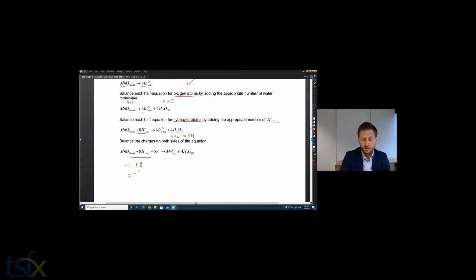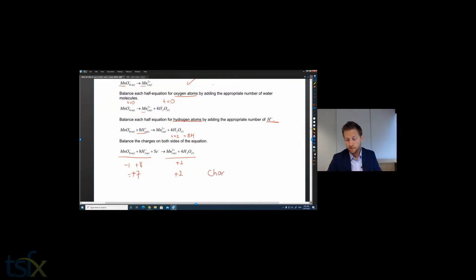So it's minus what or plus what? And then you've got plus 2 on this side. What's the charge on the left? Plus 7. And we've got plus 2.